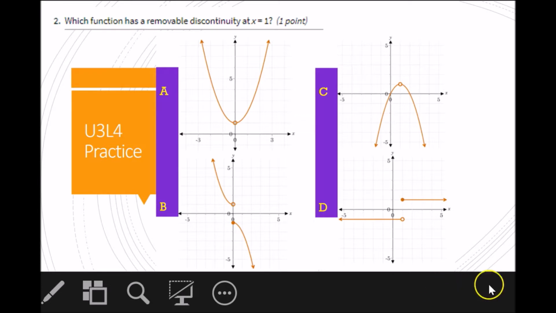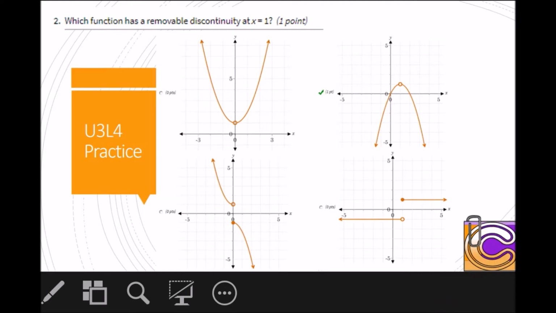I guess something that should be noted in answer choice B is that that discontinuity, whether it was a hole or a jump anyway, is happening at x equals 0. Okay, so let's look at answer choice A and C. Again, we're looking for a hole at x equals 1. And so that should not be A, because that's at x equals 0.